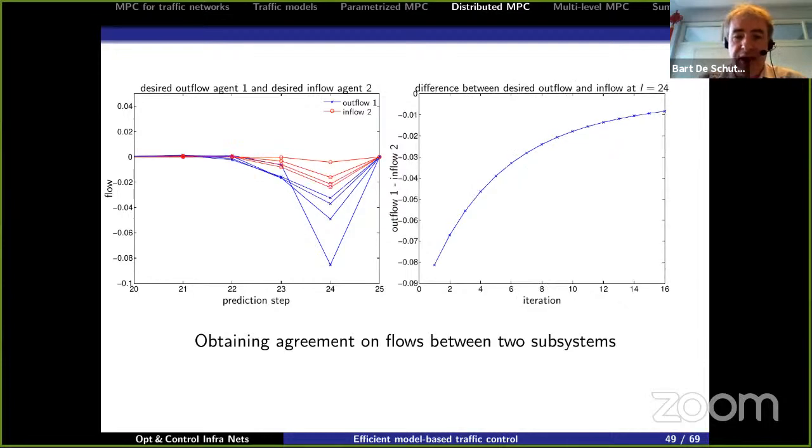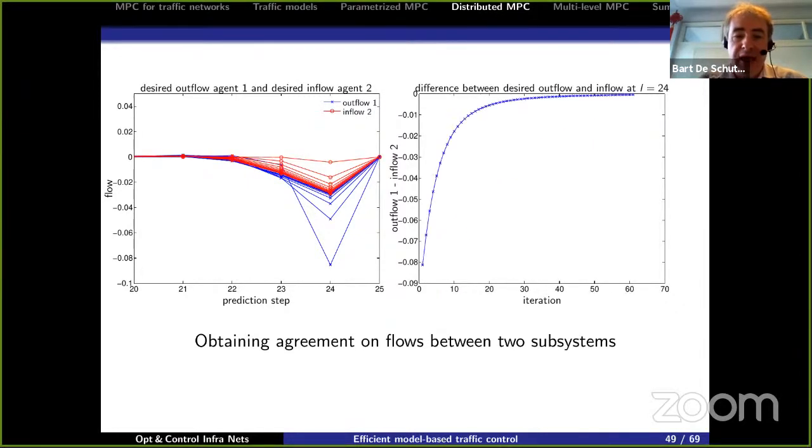So that's indicated here: as the iterations and the interactions progress, the values of the two agents will grow closer and closer. And at one moment, we decide that they're close enough, and then we can apply the local control actions to the local agents. And we are also sure that the interconnecting variables will be close enough so that one agent will not cause problems for the other agent.